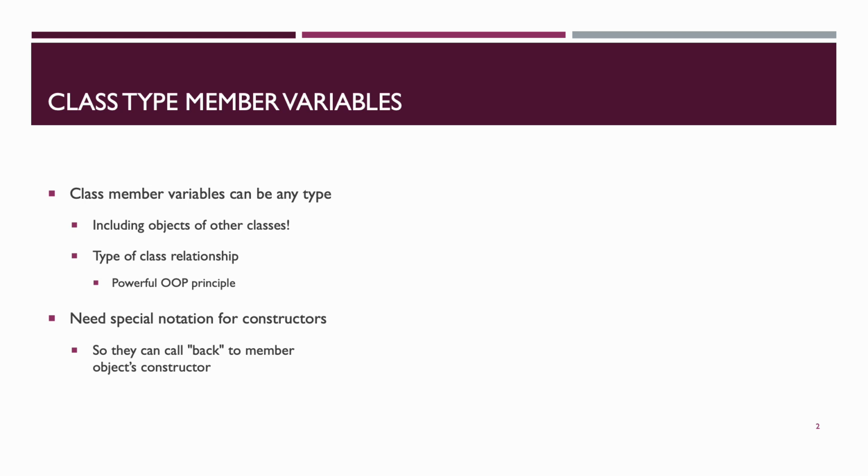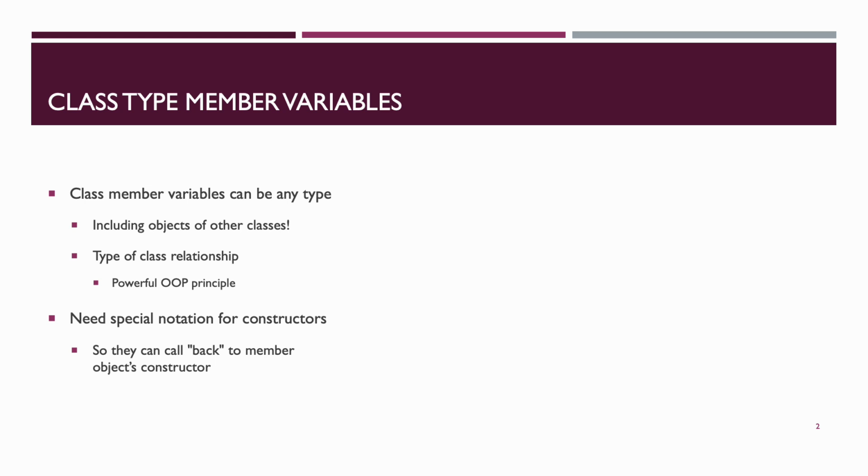So we have some key points like class type. Class member variables can be any type, including objects of other classes. One of the primary features of classes is that their member variables are not limited to primitive types such as integer or string.